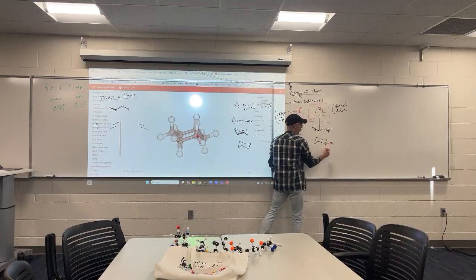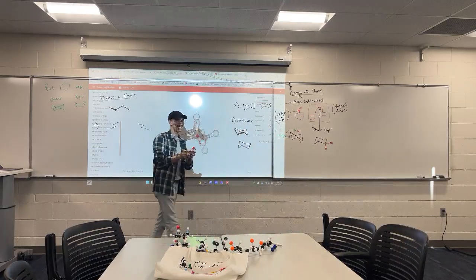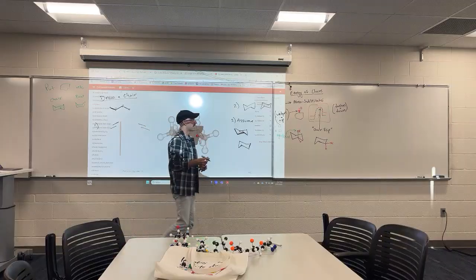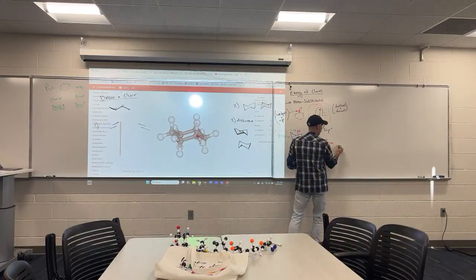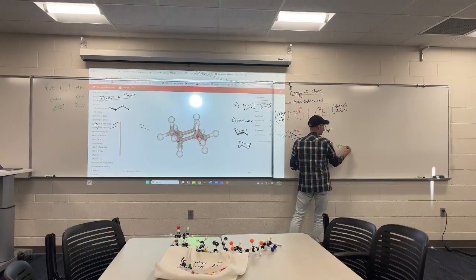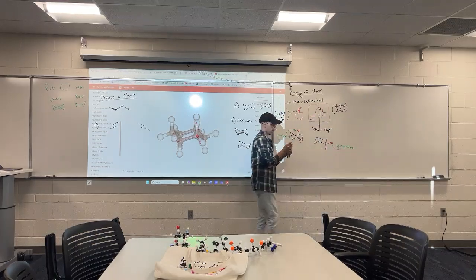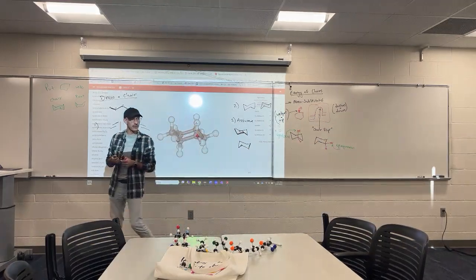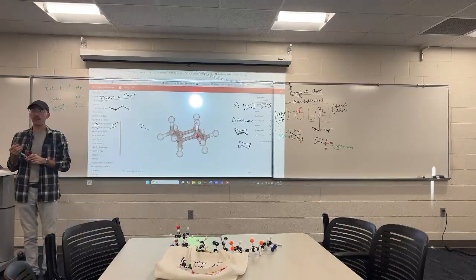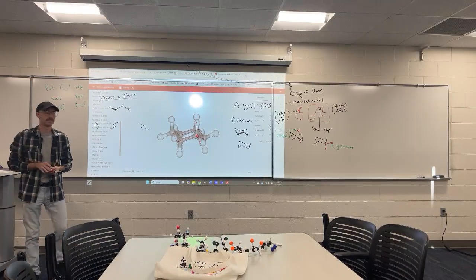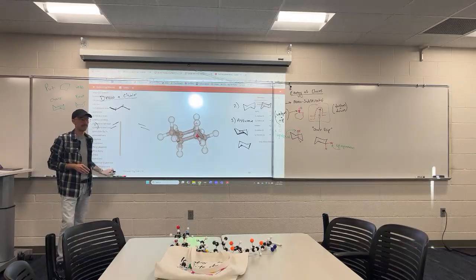It's just not pointing up axial to the ring. It's now pointing up equatorial to the ring. These are the terms we'll use to describe substituents on the ring. You okay with that?